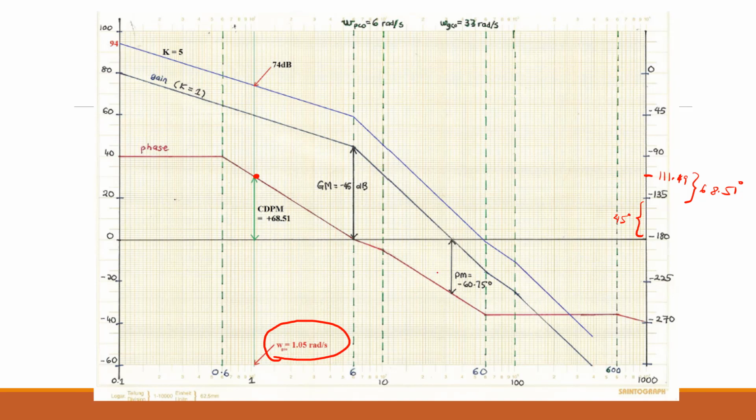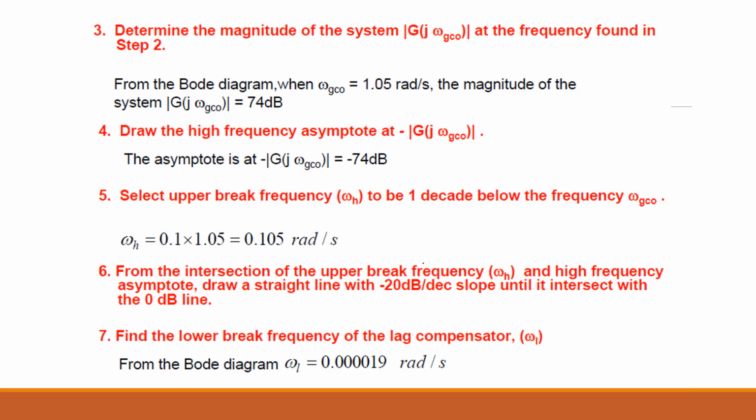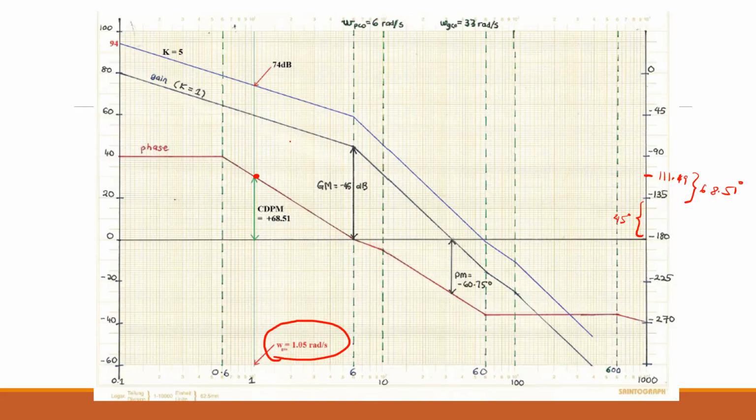Next, determine the magnitude of the system at the frequency found. From the Bode plot, you must project it at the new gain K, so the magnitude is about 74 dB.